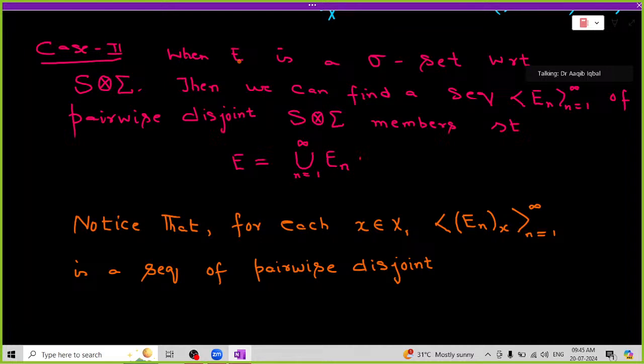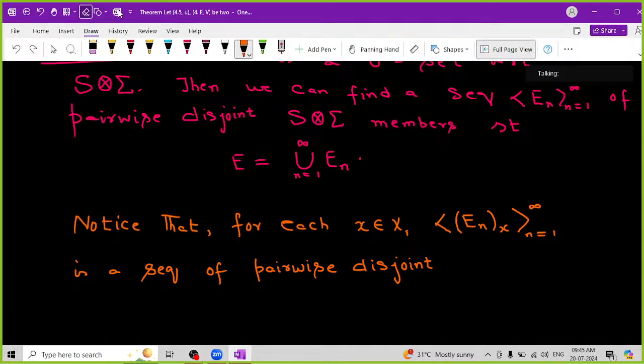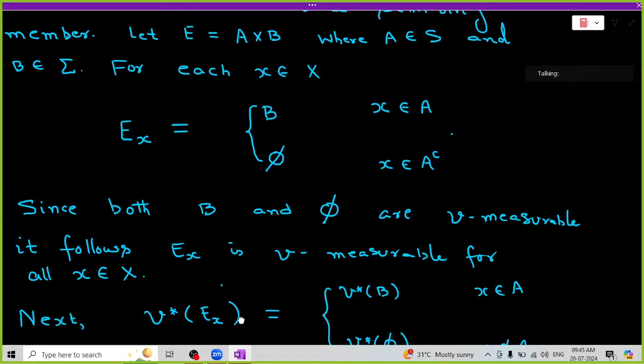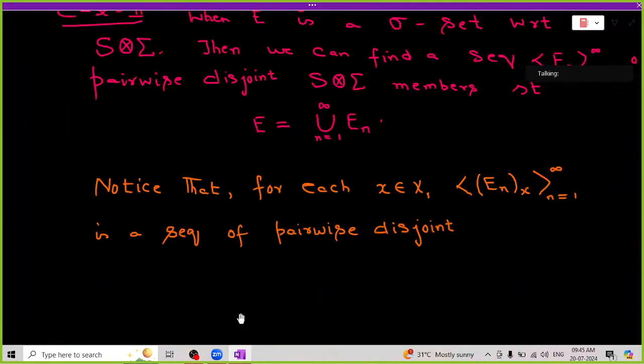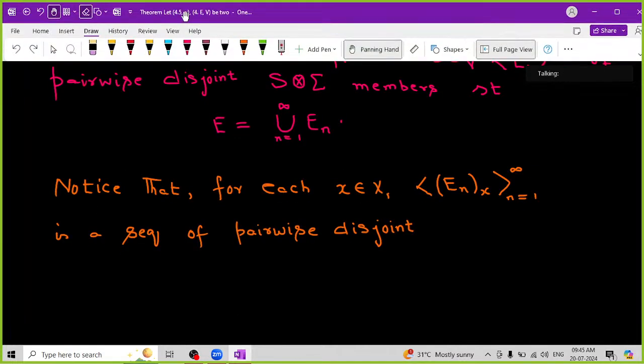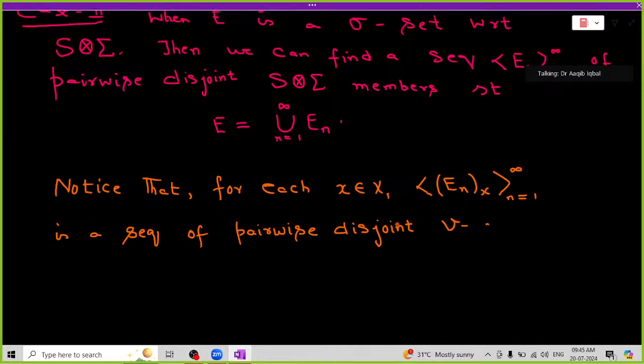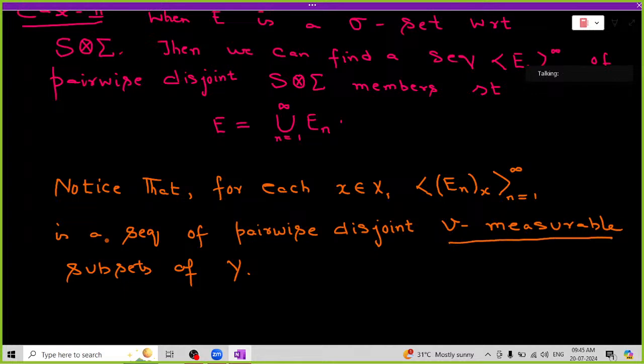यहाँ तक तो ठीक है, pairwise disjoint, because ENs are pairwise disjoint, so the x sections will also be pairwise disjoint. लेकिन मैं इसमें कुछ और ऐड कर रहा हूँ. Pairwise disjoint new measurable subsets. ये न्यू मेजरेबिलिटी बताइए, इसका रीजन क्या है? व्हाट इज द रीजन ऑफ दिस न्यू मेजरेबिलिटी? हाँ जल्दी.